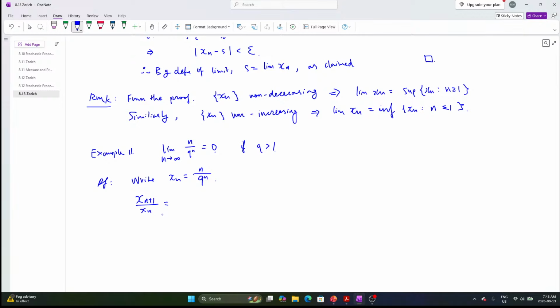The idea, as we said, is that q to the n eventually grows faster than the linear term n.